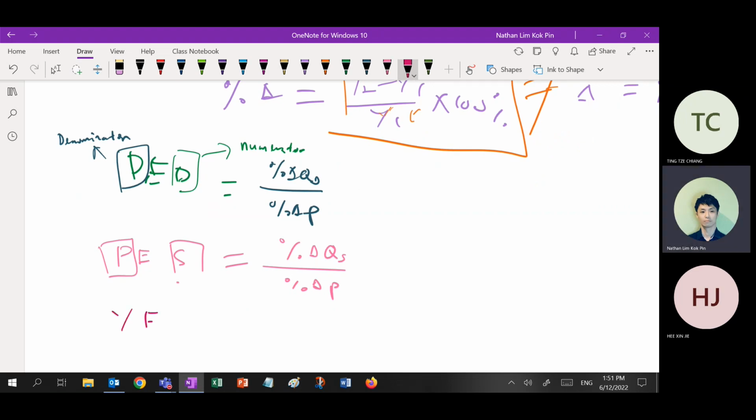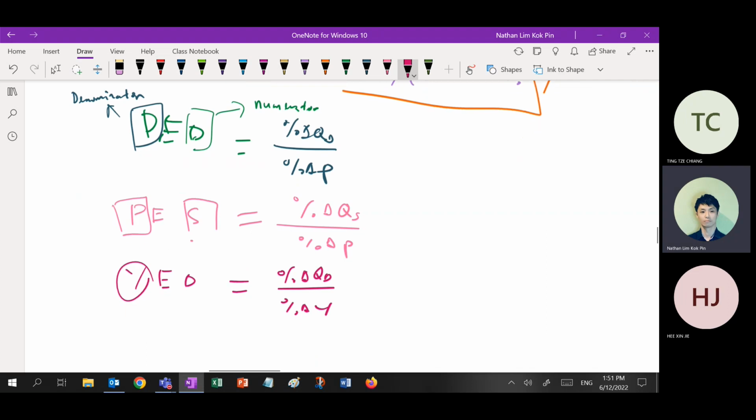YED, like what you asked just now: because Y is in the denominator, you just change it to Y. The percentage change of QD did not change, but the percentage change of Y changed. XED is also almost the same.